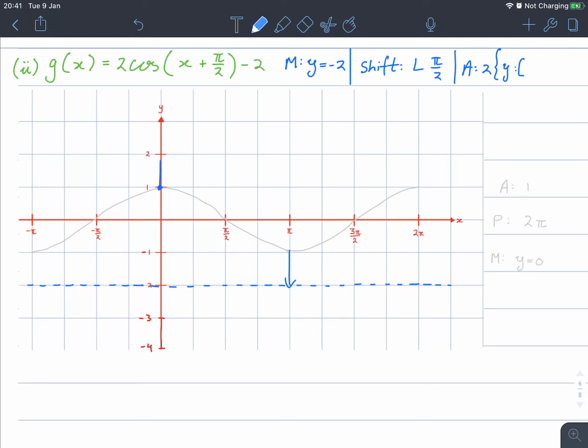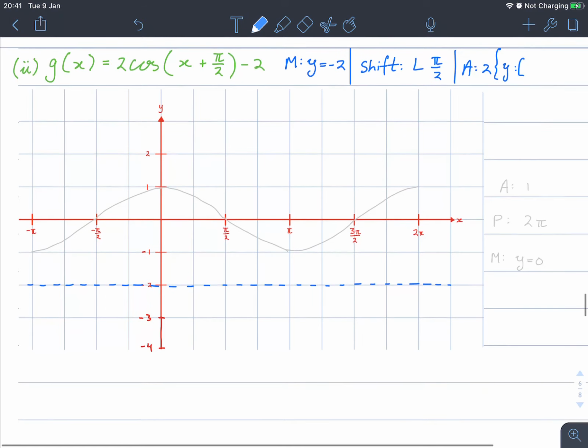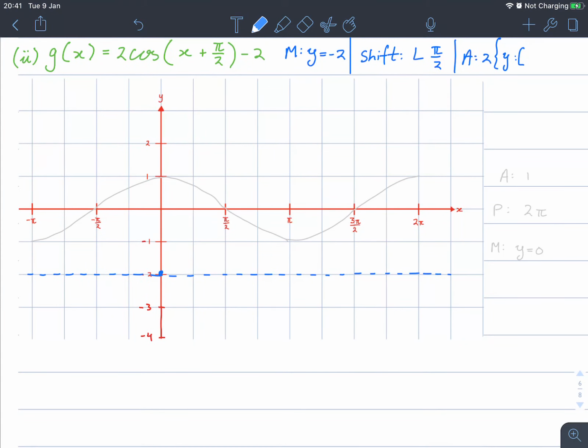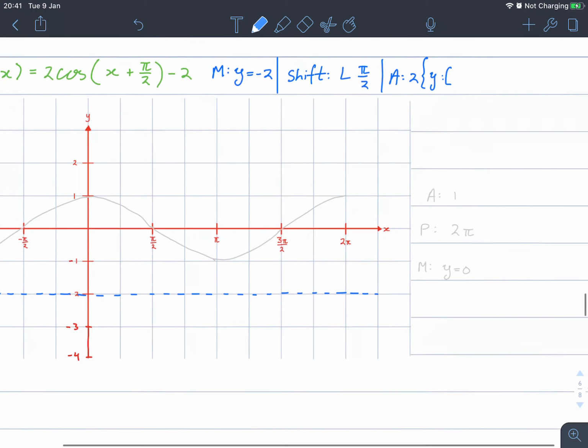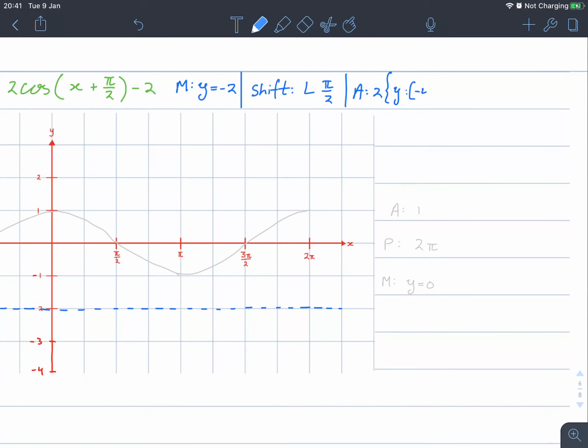And the highest value will be +2. But because of the mean value, if we're starting at this point at 1, it's now moved to 0, and this lowest point here would regularly be at -3. It's now going to be moved to -4. So the lowest point of this function is going to be -4, and the highest value is going to be 0.